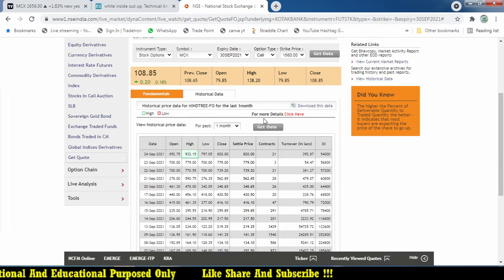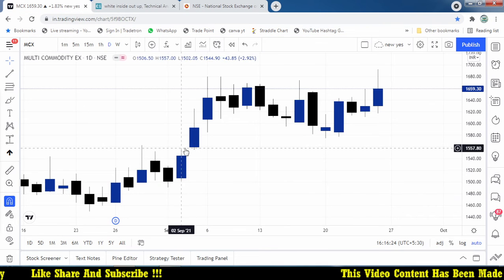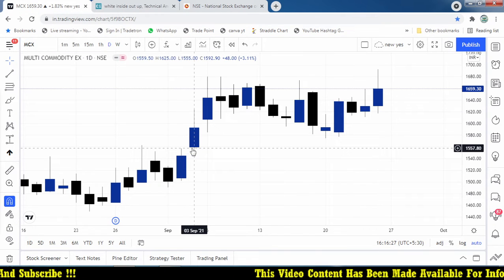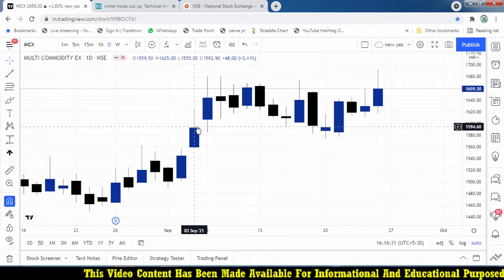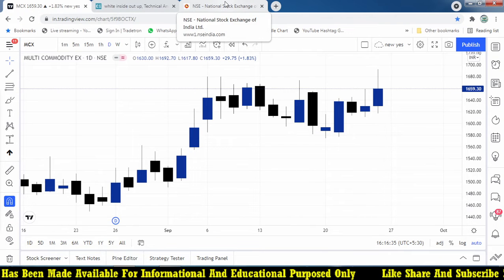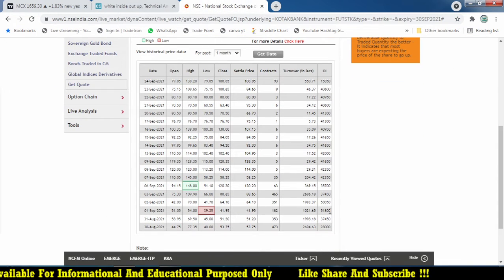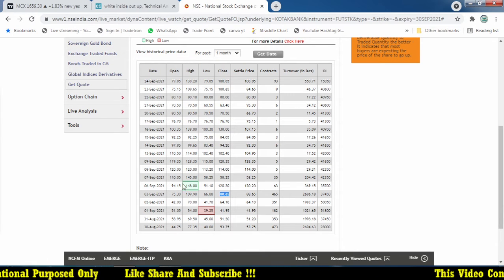So the next day which I'm going to take in, the second next day, it triggers on opening itself, but even so I will take the closing price 1580 and I'm taking a 1560 call option on 3rd September. It is 86 rupees. Within a day, it doubles.